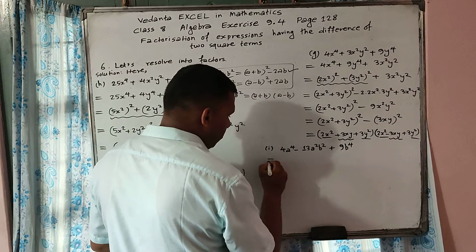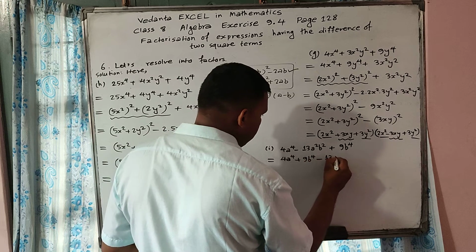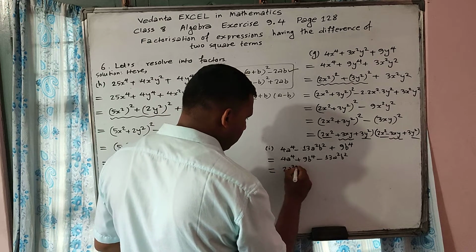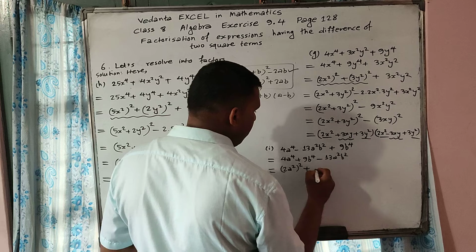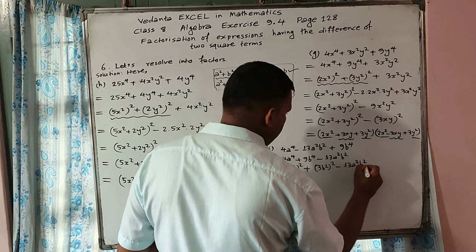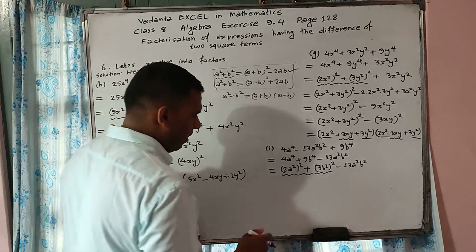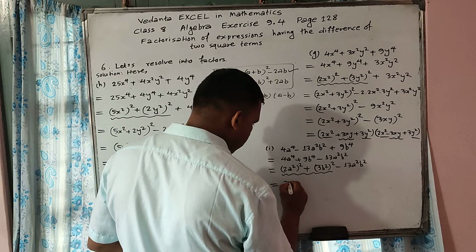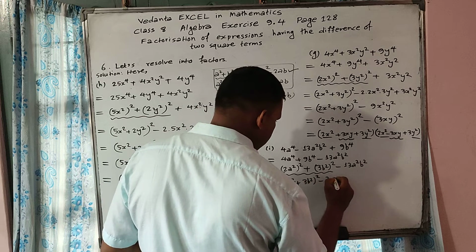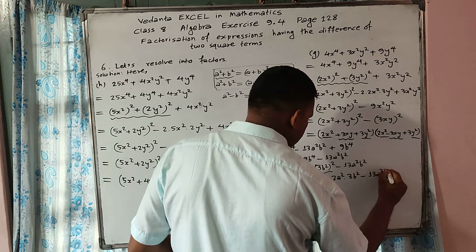Now putting degree 4 terms together: 4a to the power 4 plus 9b to the power 4 minus 13a square b square. 4a to the power 4 is (2a square) whole square, 9b to the power 4 is (3b square) whole square, minus 13a square b square. This is a square plus b square form, so apply the formula (a plus b) whole square minus 2ab. So we can write (2a square plus 3b square) whole square minus 2 times 2a square times 3b square minus 13a square b square.